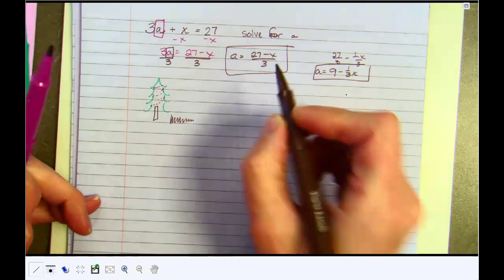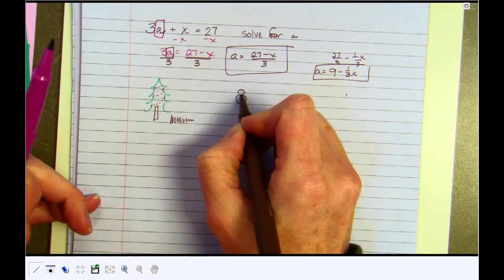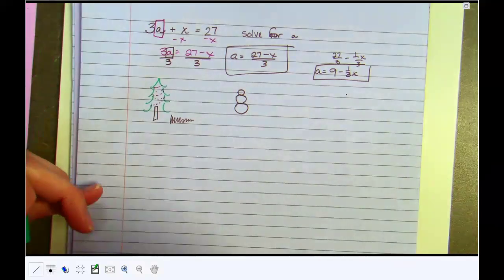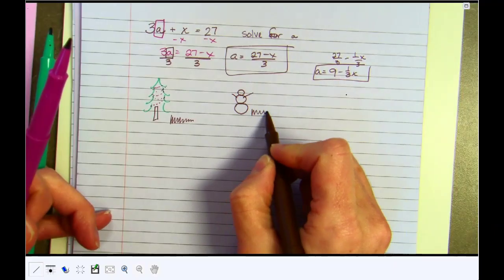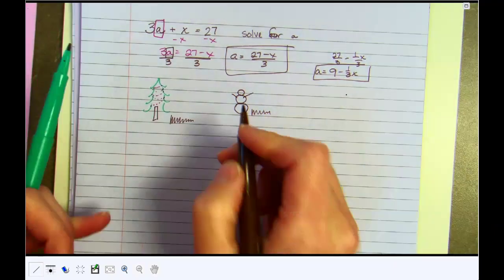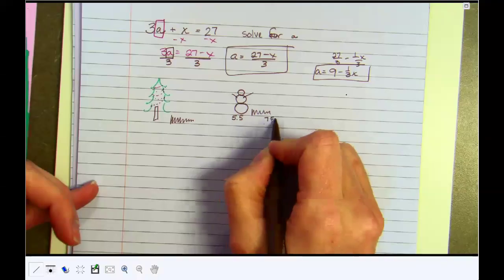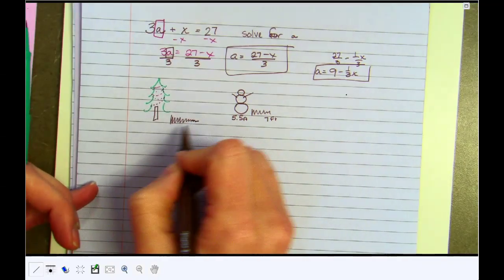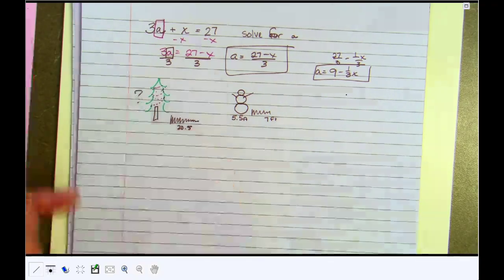But you also have a snowman, who is apparently floating in the air. Your snowman also has a shadow. Your snowman is 5.5 feet tall, and his shadow is 7 feet. Your tree has a shadow of 20.5 feet. How big is the tree?